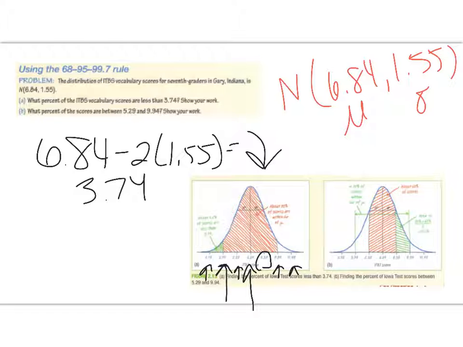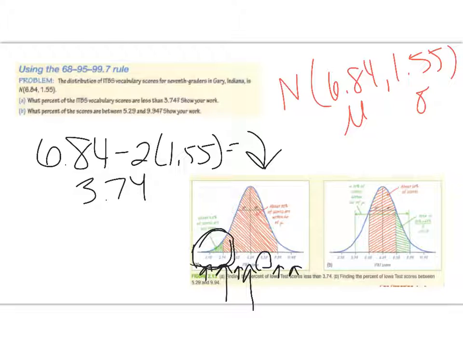Okay, and so based on my empirical rule here, if I know that 3.74 is 2 standard deviations away from the mean, again, now this time I'm looking for this left-hand side tail, but I'm looking only for that left-hand side tail. I am not looking for the upper tail. I'm not looking for the tail on the right.